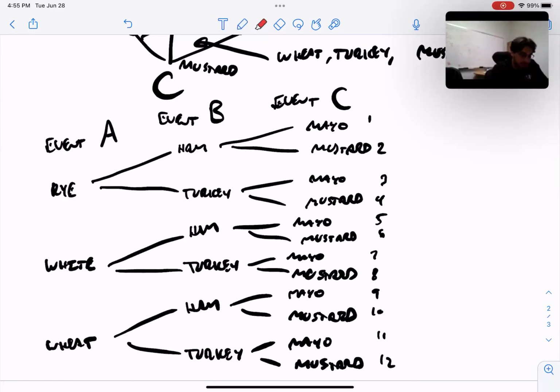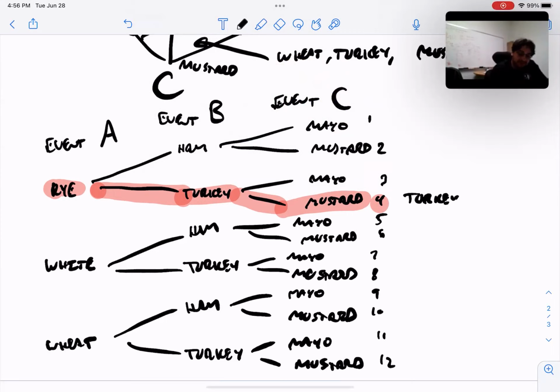So for example, this path right here, if I did rye with turkey and mustard, that's sandwich number 4. There we go, turkey and mustard on rye.